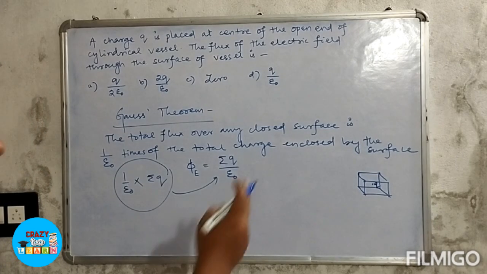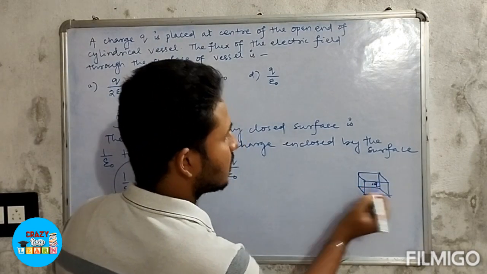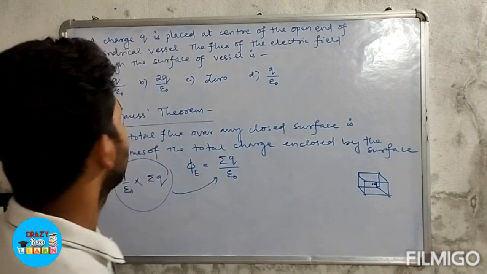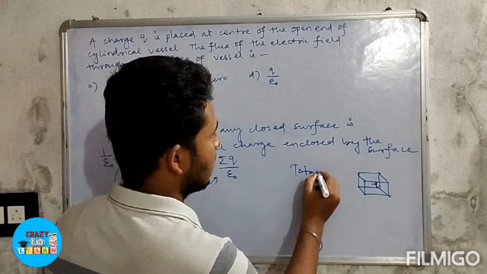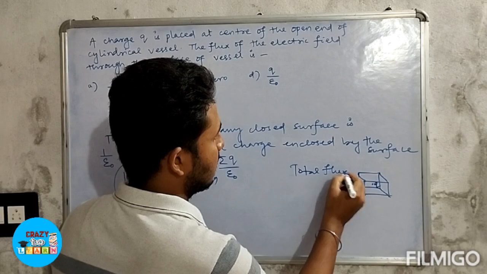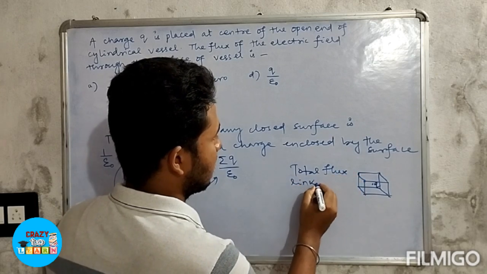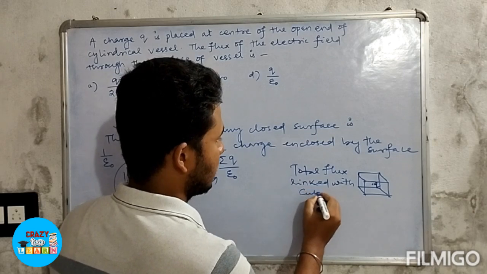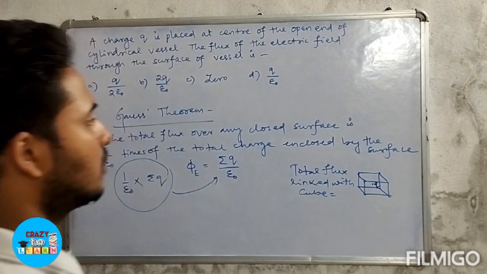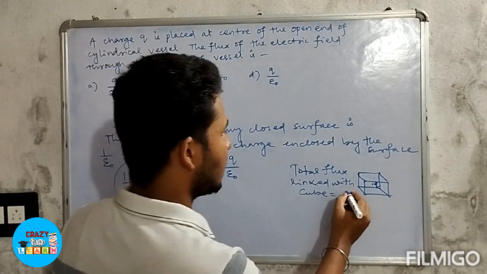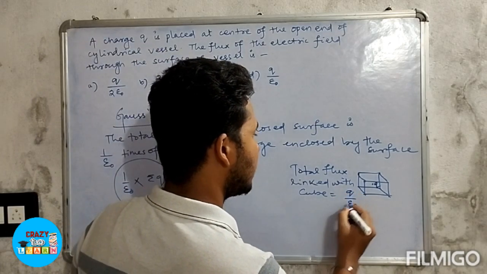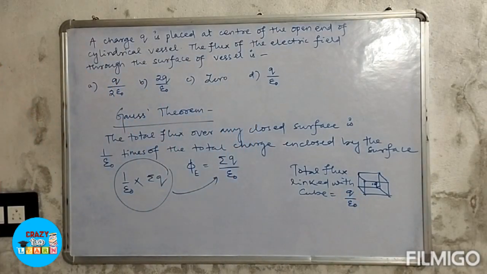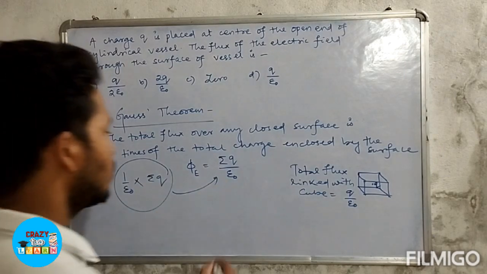The total flux linked with the cube is equal to, what is the total amount of charge? The total amount of charge is Q, divided by epsilon, so Q by epsilon naught.